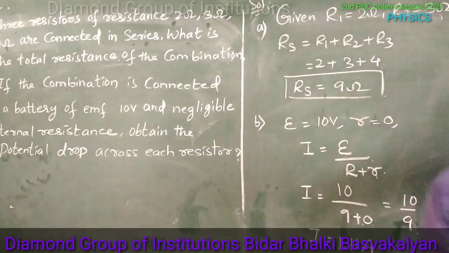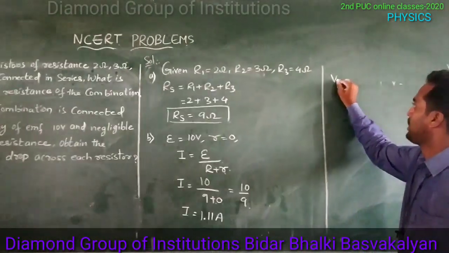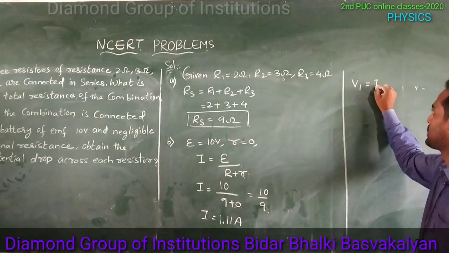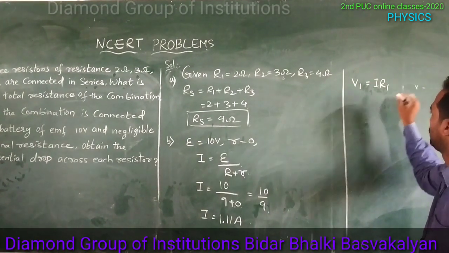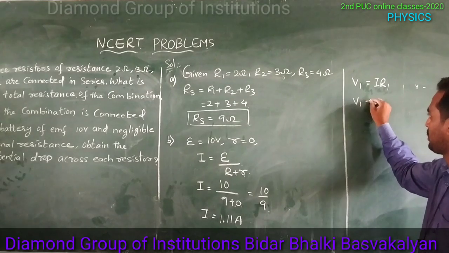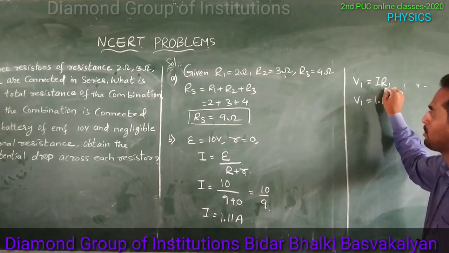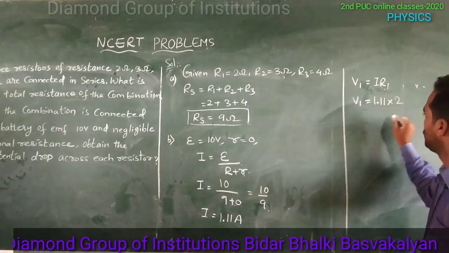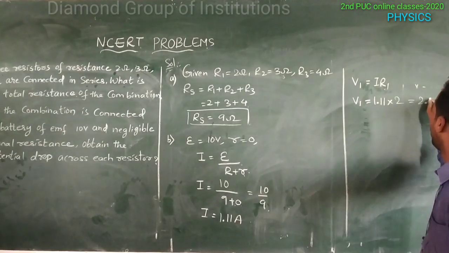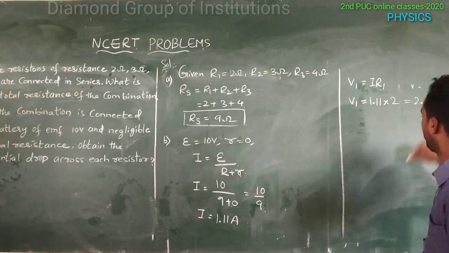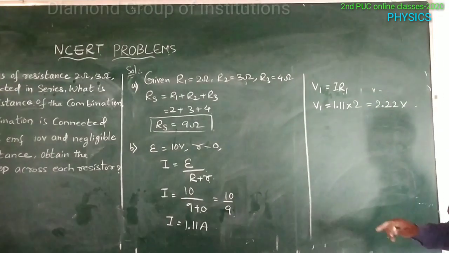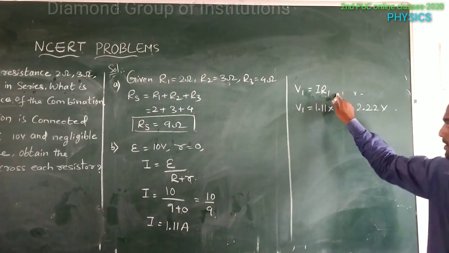Now V1, that is I into R1. V1 equal to the current value 1.11 into the resistance value 2, which is 2.22 volts will be the potential drop across the resistance R1.